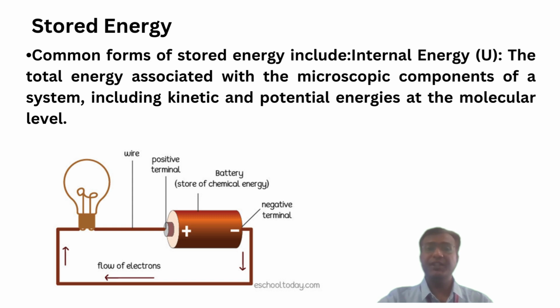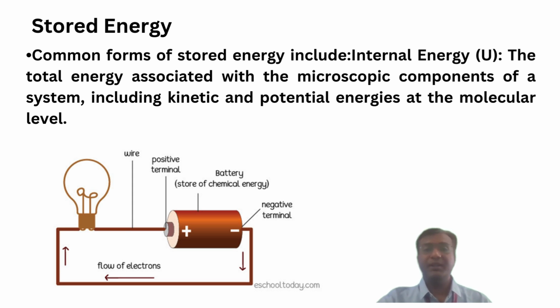This is the energy an object has due to its height above a reference point. It's calculated using the formula: potential energy is equal to mass times gravity times height, where m is the mass, g is the acceleration due to gravity, and h is the height.